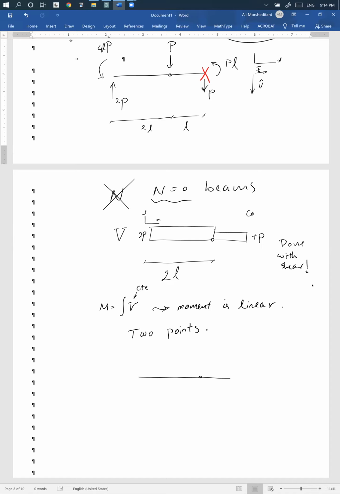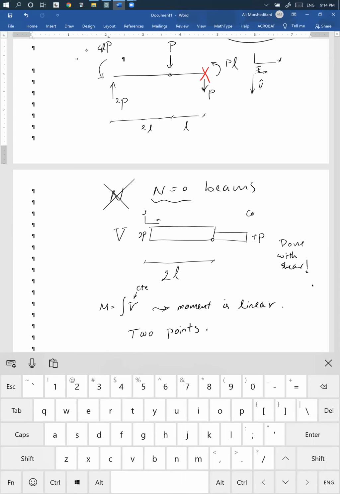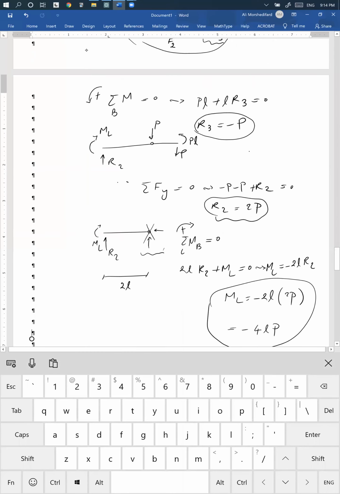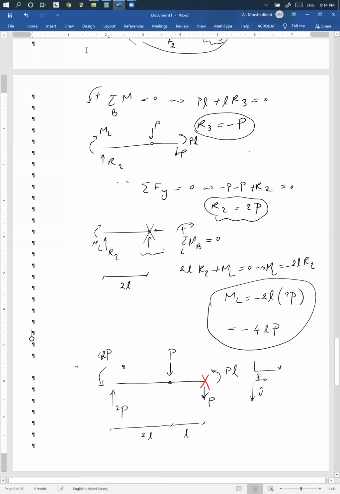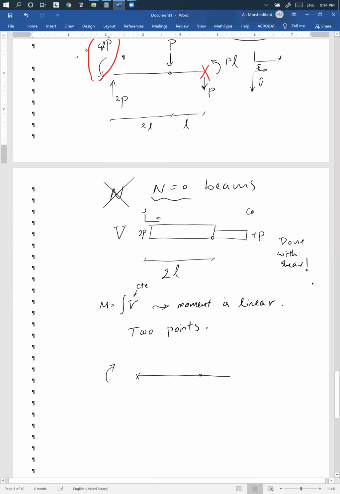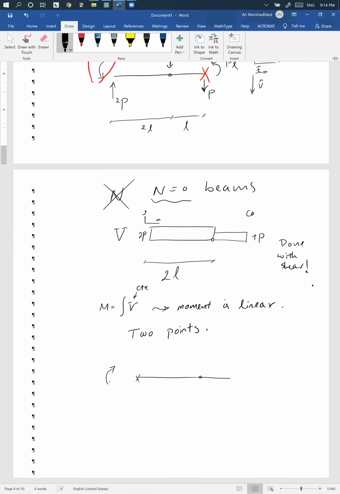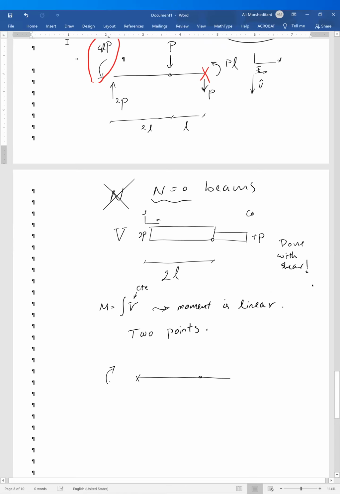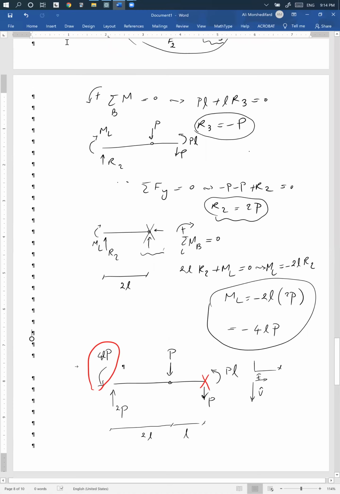Do I have the moment here? The positive convention is like this. Do you see this 4PL? Based on the reactions that I calculated, I know the moment at that point.